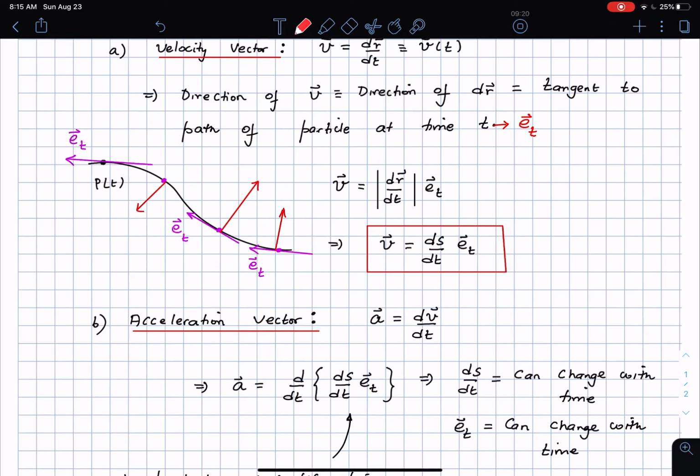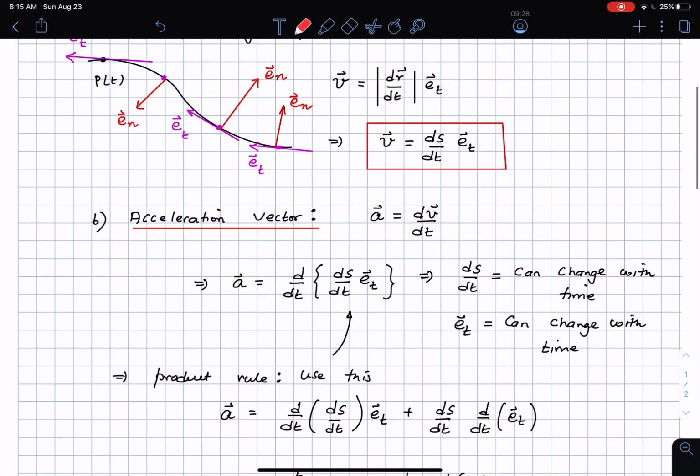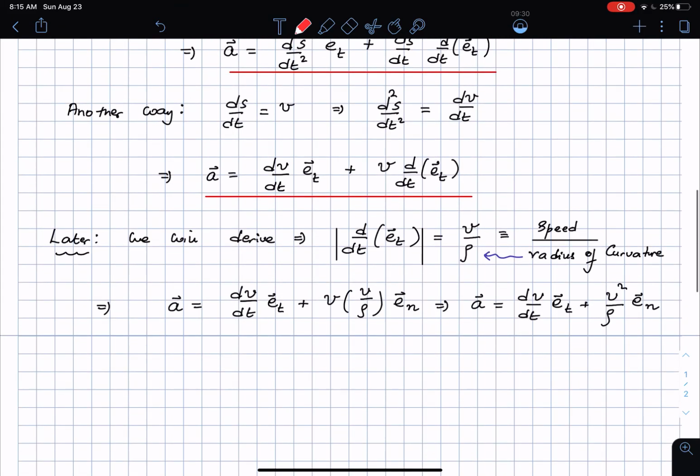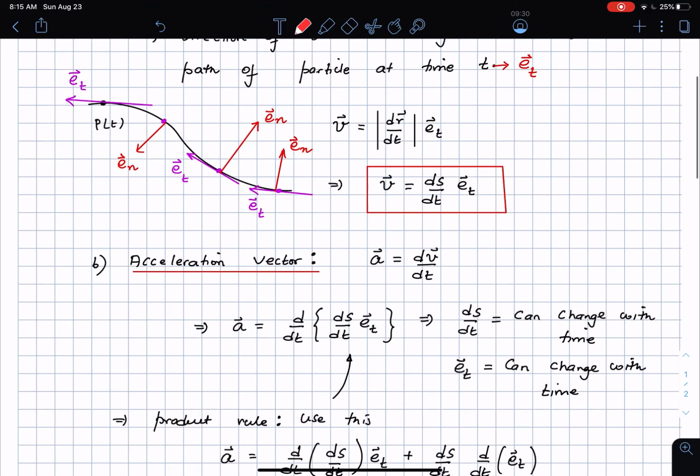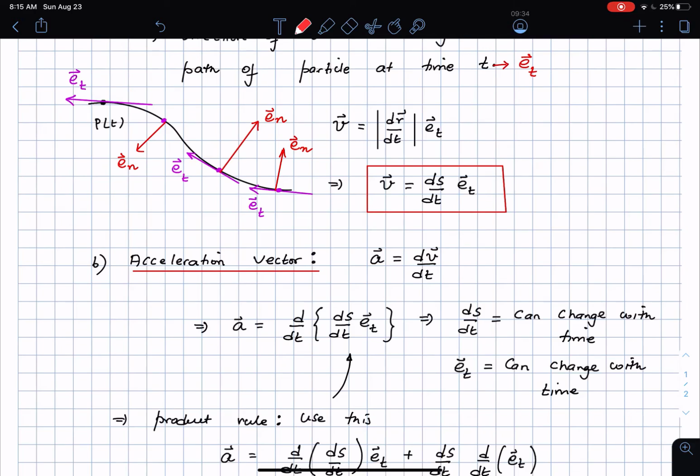So this is going to be e_n, this is going to be e_n, and this is going to be e_n as well. So these are all different ways of writing the acceleration vector, just in case you missed seeing the e_n. And in this case also, it's going to be pointing inwards towards the concave side of the trajectory. We will see why that is the case later on. This is not something we need to worry about right now.